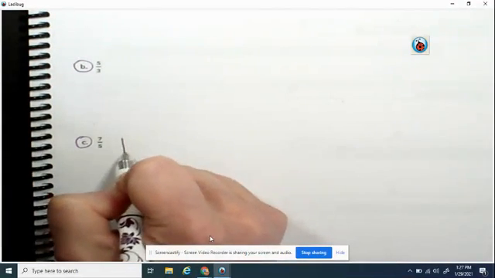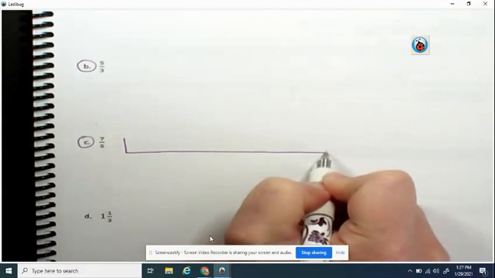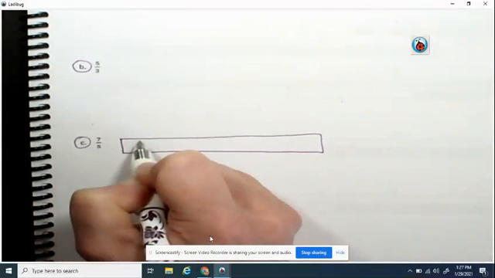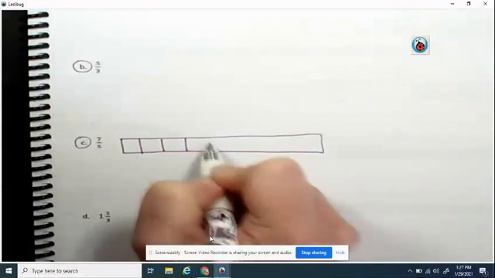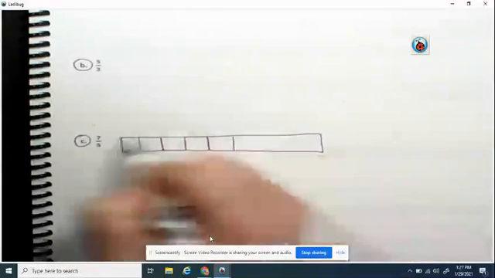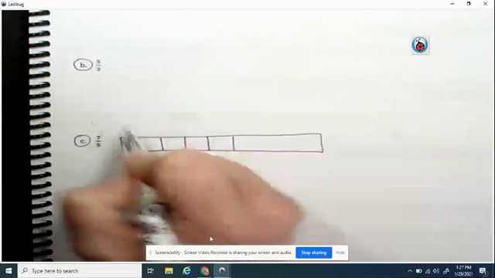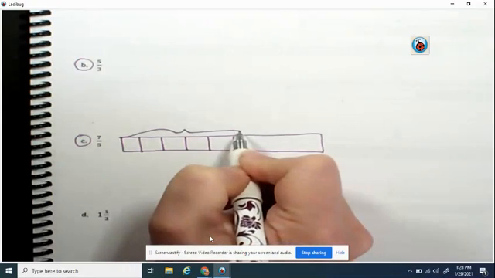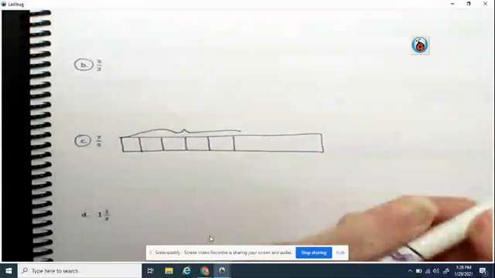All right. So my whole is going to be fifths. 1, 2, 3, 4, 5. 1, 2, 3, 4. I made it too big. Well, I've just messed that one all up.